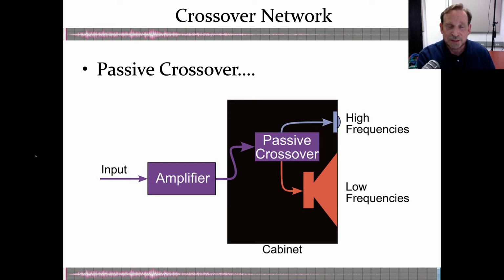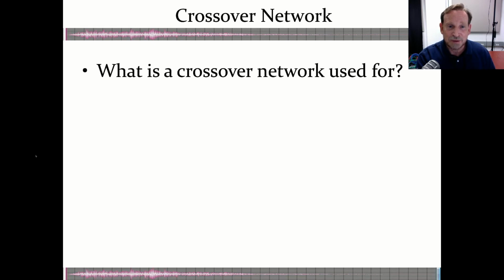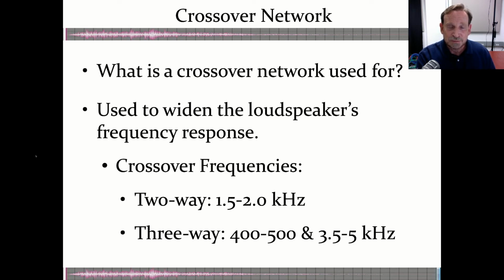So this is a passive split that's going on, whereas the active crossover network has an active split, meaning it's boosting the signal after being filtered. So this is our passive network system overall. And we have to keep in mind that the crossover is used in order to split up that signal.